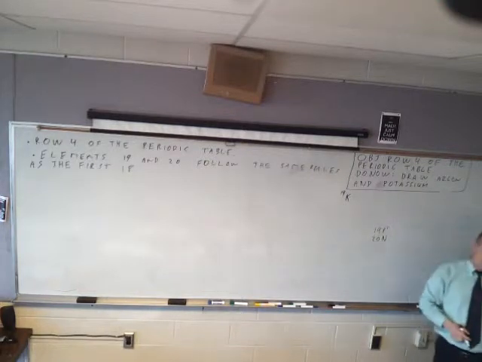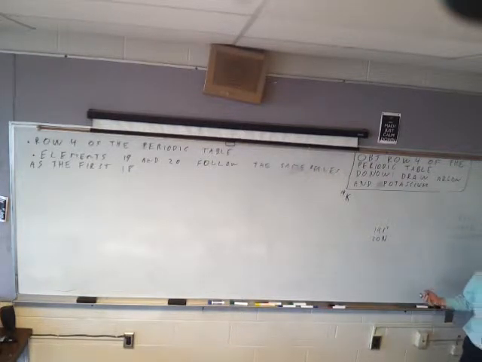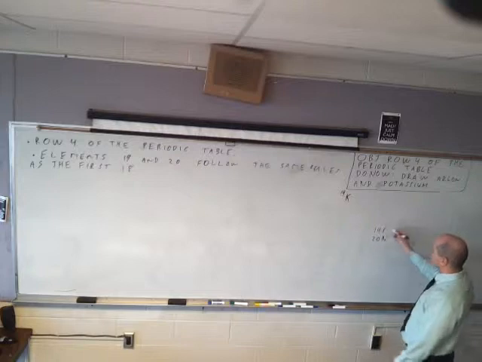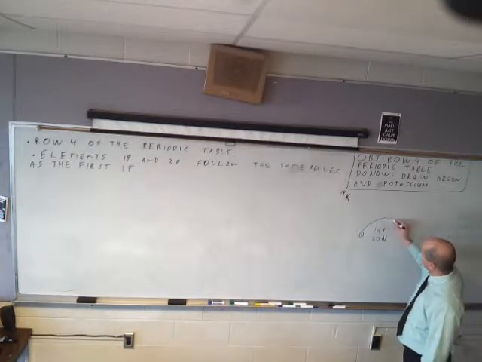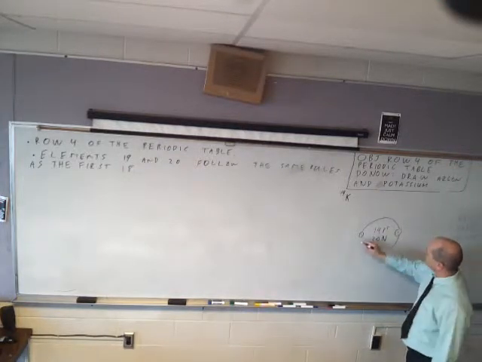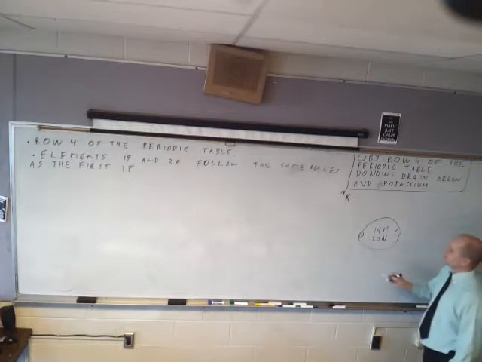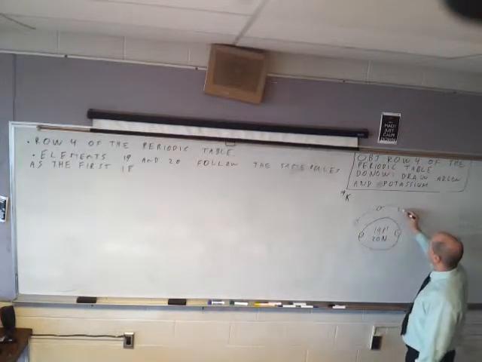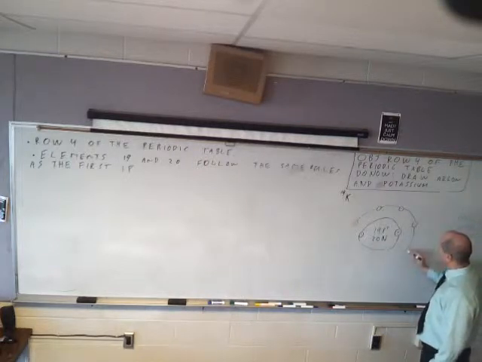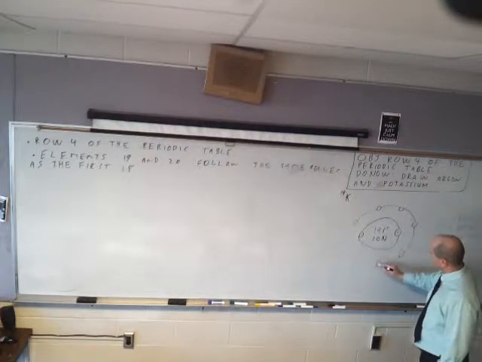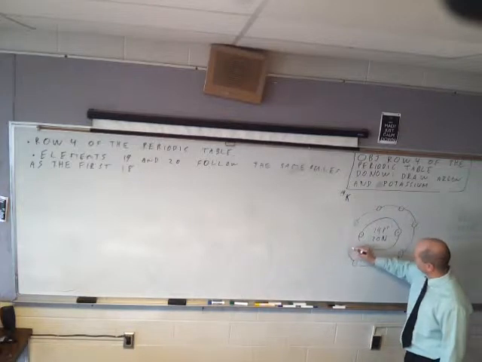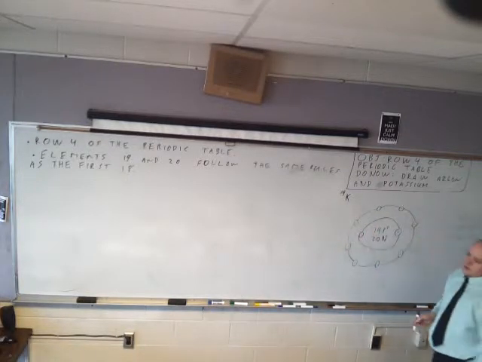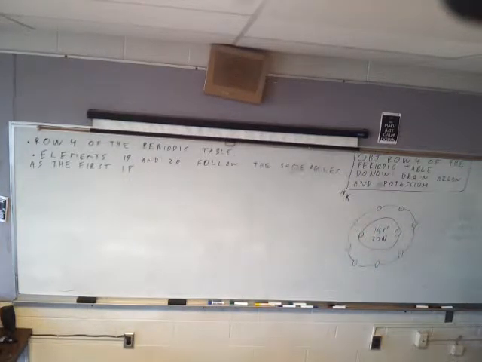Okay, so there's the nucleus, and then, like everything before it, we're going to have 2 electrons in that first shell. We're going to have 8 electrons in the second shell. And then if you remember from Tuesday, argon has 8 electrons in the third shell.